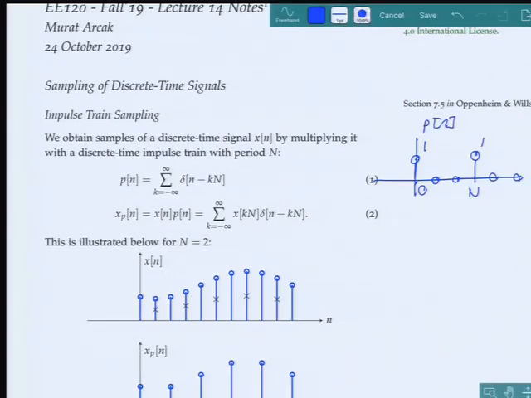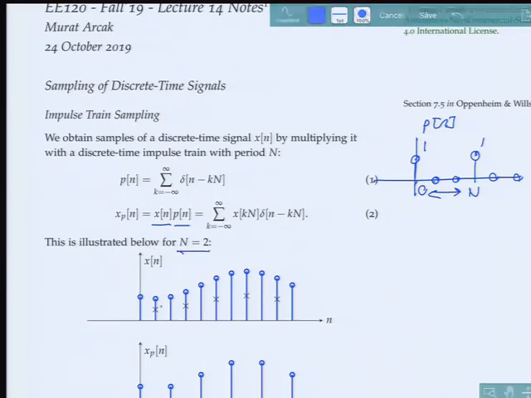If I multiply x and p, what p will do is kill these intermediate values, right? So if I'm doing sampling with period 3, it will keep 1, get rid of the other 2, keep 1, get rid of the other 2. Because you're multiplying, you get 0, right? That's essentially what happens. So this is illustrating sampling with a period of 2.